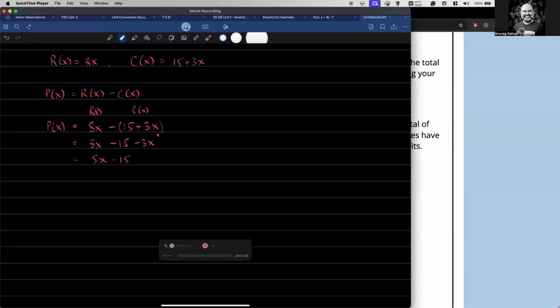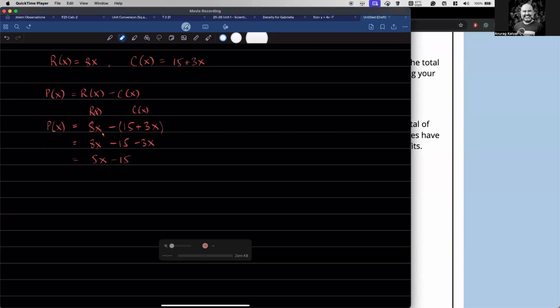If you don't have parentheses, you will not distribute the negative. If you forget to distribute the negative, what is this 3x going to stay? Positive 3x, and then the whole thing is wrong. So when you subtract functions, you must put the guy on the right in parentheses to make sure you distribute the negative to all the terms.